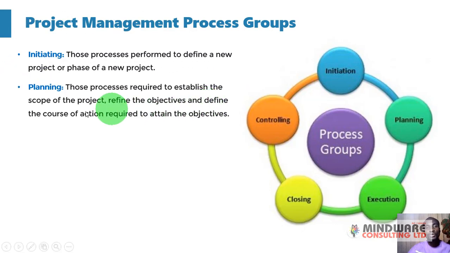All right, so next is the planning process group. These are processes required to establish the scope of the project, refine the objectives, and define the course of action required to attain those objectives. So from the initiation you now move to the planning.